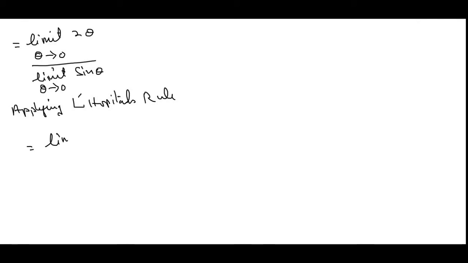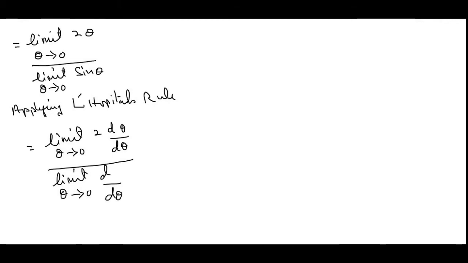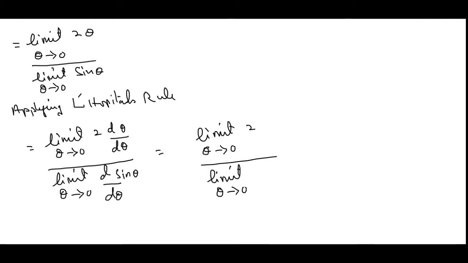So limit theta approaches 0, 2 d theta by d theta, and divided by limit theta approaches 0, d by d theta sine theta, and we have limit theta approaches 0, 2, because the derivative of theta is 1, and limit theta approaches 0, and the derivative of sine theta is cos theta.